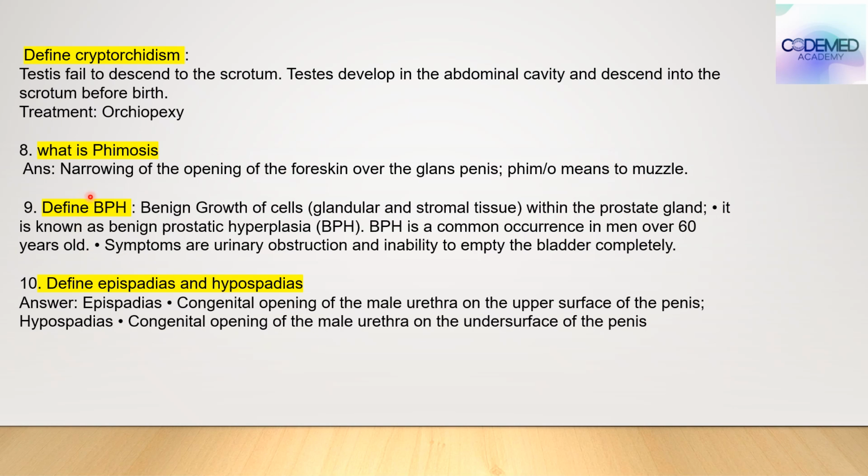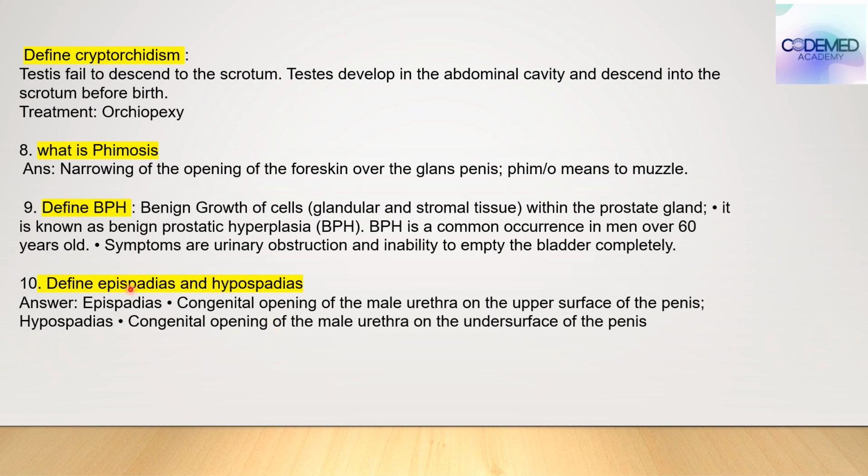Then what is phimosis? It is nothing but the narrowing of the opening of the foreskin over the glans penis. Phimosis means to muzzle. Then BPH. BPH stands for benign prostatic hyperplasia. It is a common occurrence in men over 60 years. Symptoms are urinary obstruction and inability to empty the bladder completely.